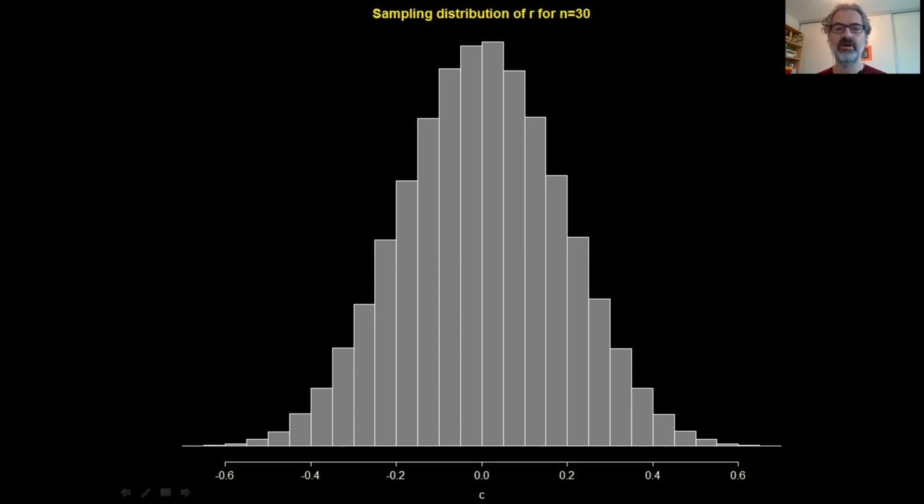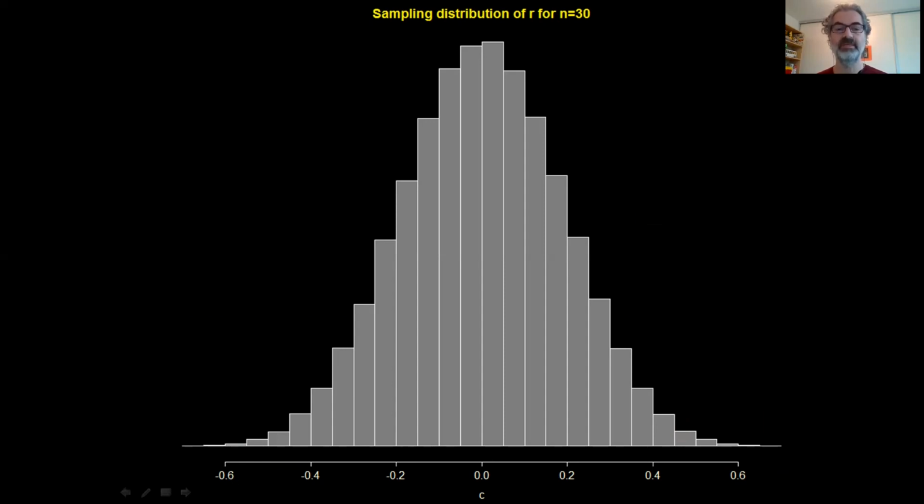You see that it's possible, and sometimes we do get substantially high values for R. So even 0.6 is possible, but it's not very likely. It's possible to get a correlation in a sample of 0.6, even if there is no correlation in the population, just by sampling error. This is the same kind of thing we've seen before with different kinds of indices by sampling from the null hypothesis.